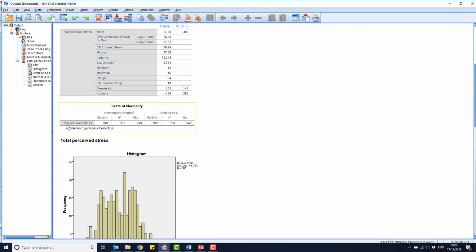Next, we'll look at this test of normality for the perceived stress variable. Now, because we've got a large sample size, we can choose between either the Kolmogorov-Smirnov or the Shapiro-Wilk test. The argument is usually if you have small samples, then you should use the Shapiro-Wilk test.